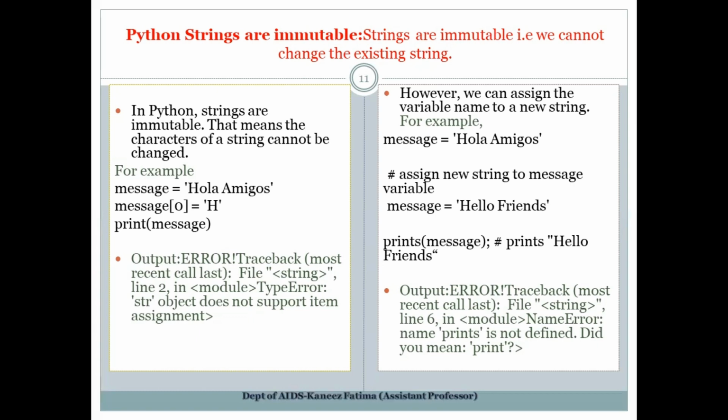So the existing value is not modified, a new value is simply assigned. Python strings do not allow replacing characters of the old string; we cannot change the existing one. In such a sense, we say Python strings are immutable.